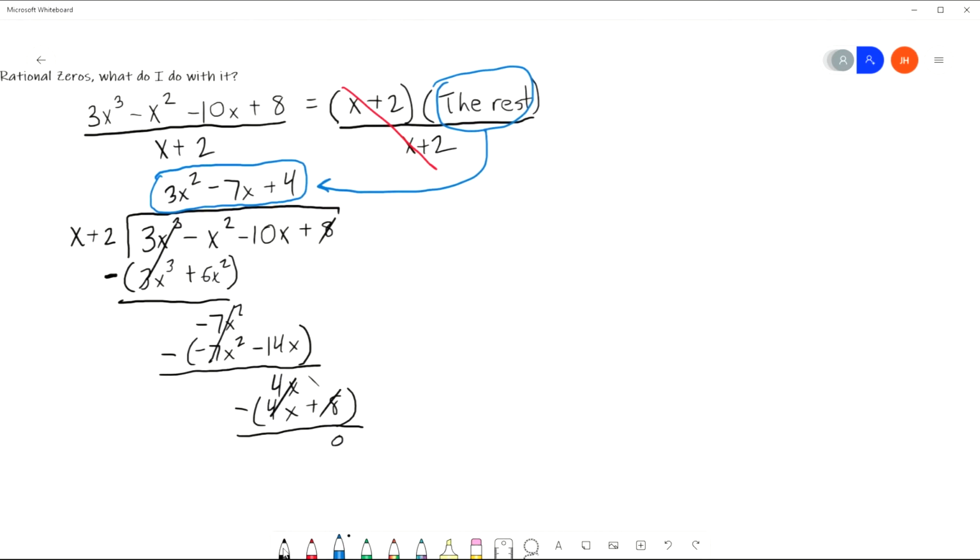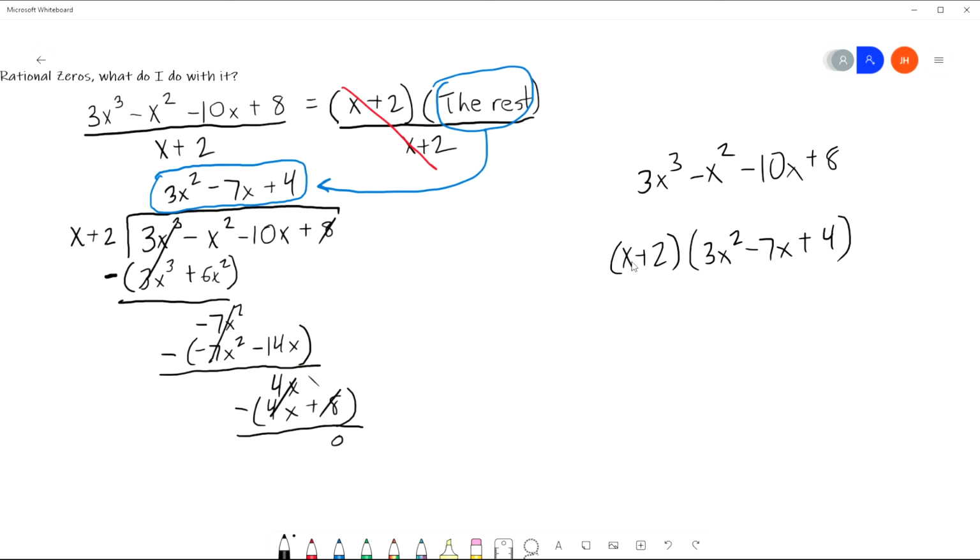What we see is that our original polynomial, 3x cubed minus x squared minus 10x plus 8, is equal to x plus 2 times 3x squared minus 7x plus 4.